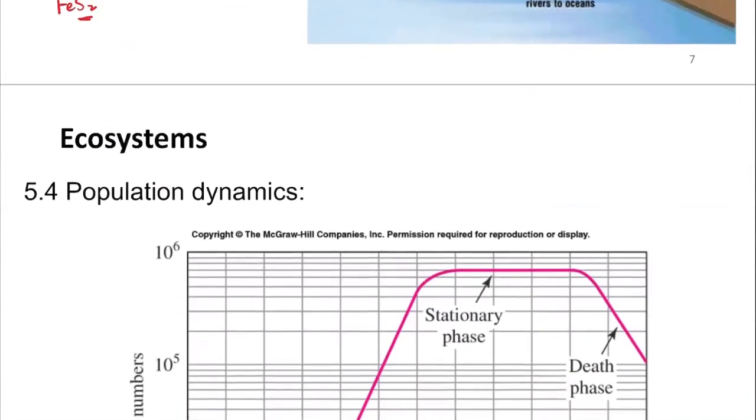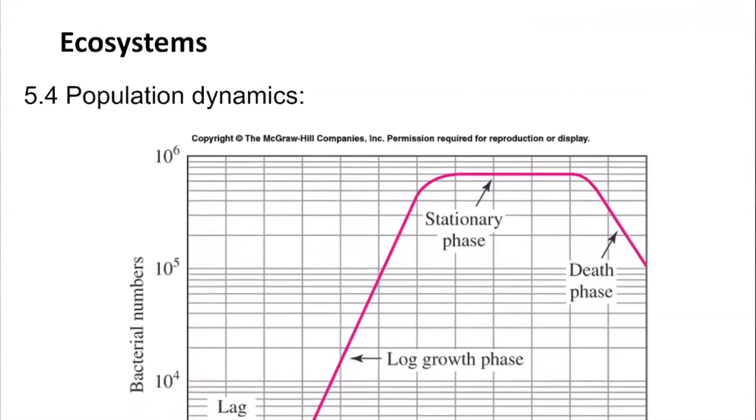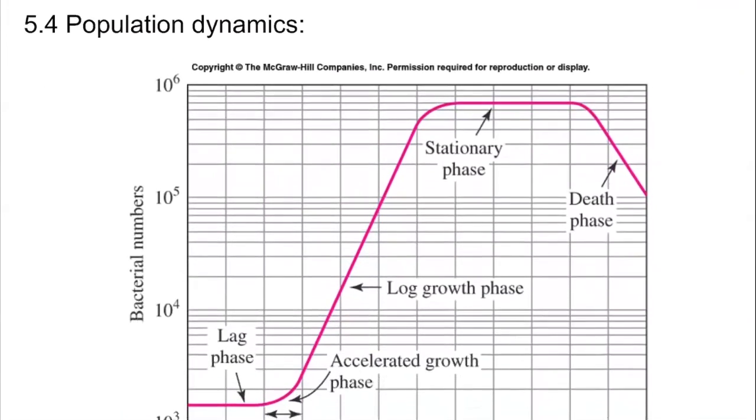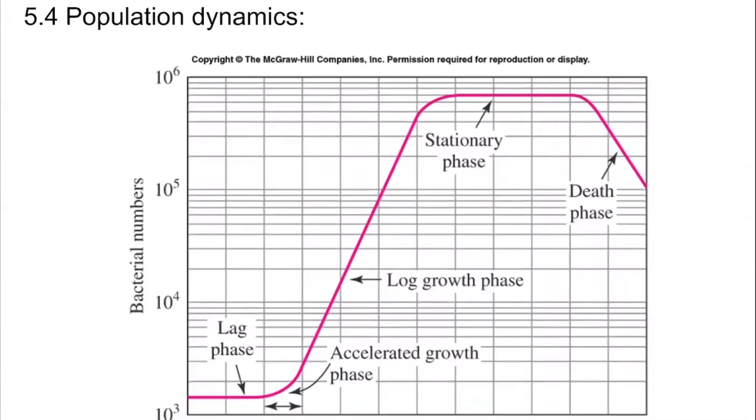So the last concept in the ecosystem chapter is the population dynamics. People use this process a lot when they're trying to introduce different types of bacteria into the wastewater to purify the water. Okay, so for example, if you think about a polluted stream, and we're building a wastewater facility, right?